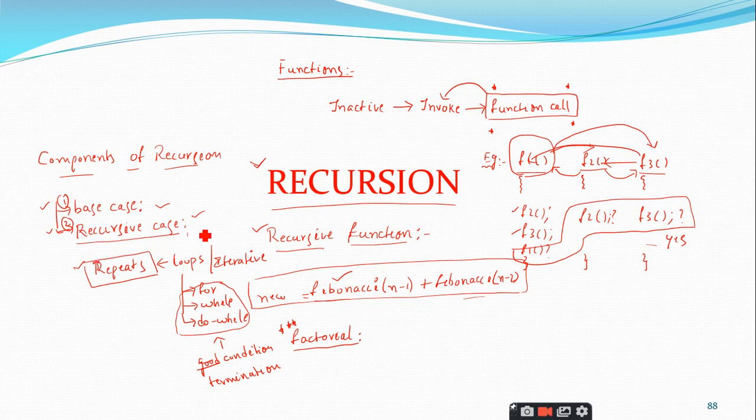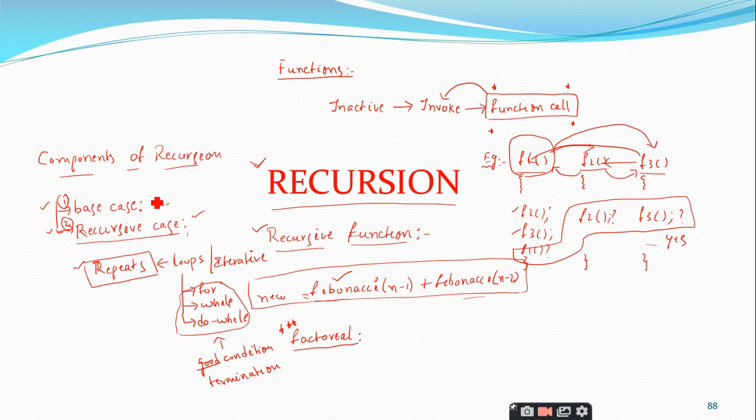The recursive case constitutes the group of statements which can repeat some number of times, whereas the base case is the condition where the programmer has to specify when to stop the recursion process.